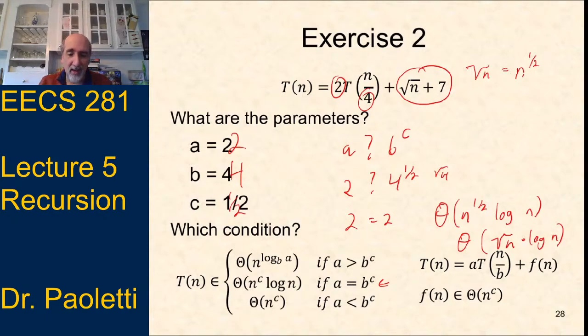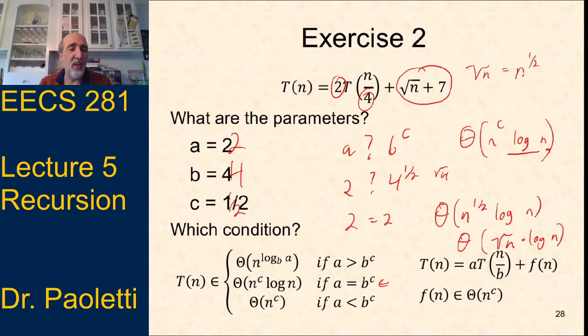We've got big theta of n to the c log n. Well, how did we get the log? We got the log because we were doing recursion. We were dividing things into pieces. And the b and the a are in there. They're just components of c.